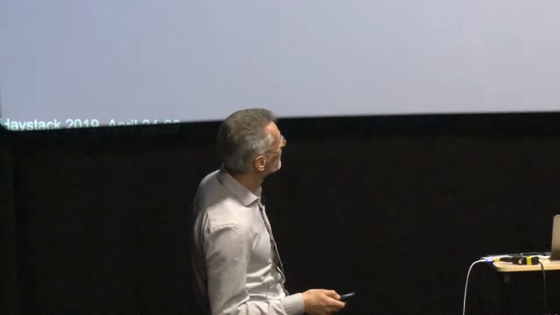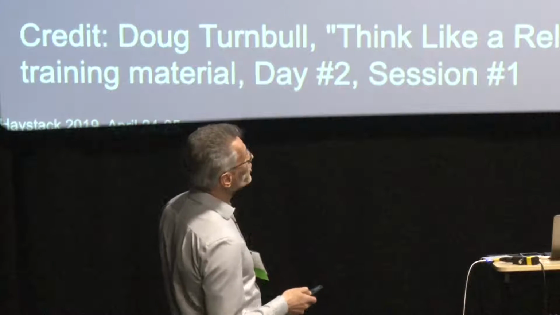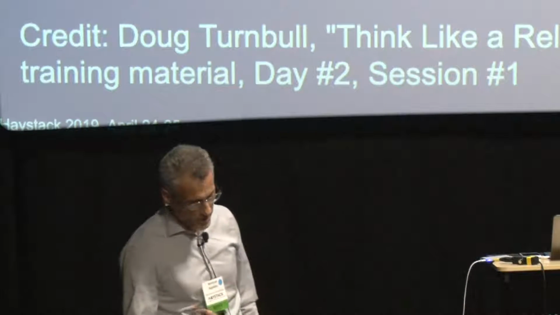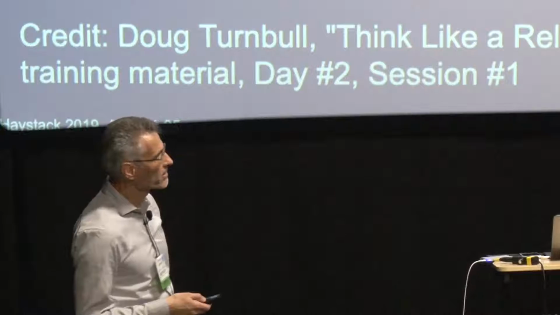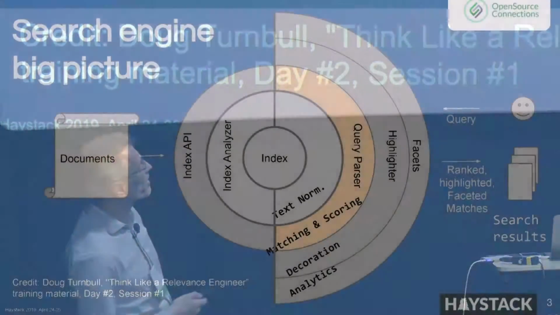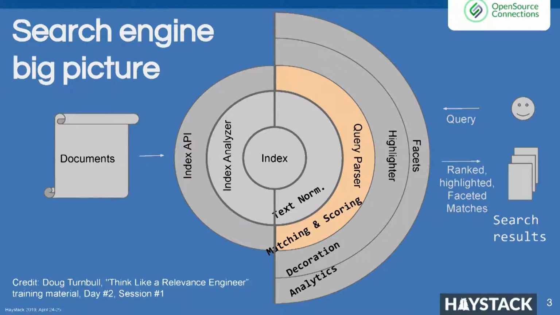Okay, all right. This is a slide that's borrowed from our training material. I gave this class Monday and Tuesday during the Haystack week here. Just to place where the query parser lives in the ecosystem: on the left side are the index components, and on the right side is everything happening during query processing.